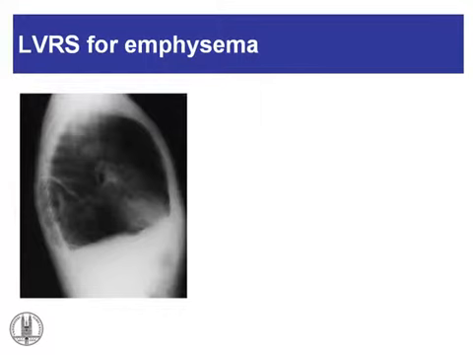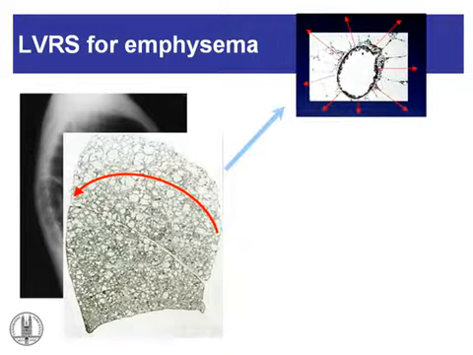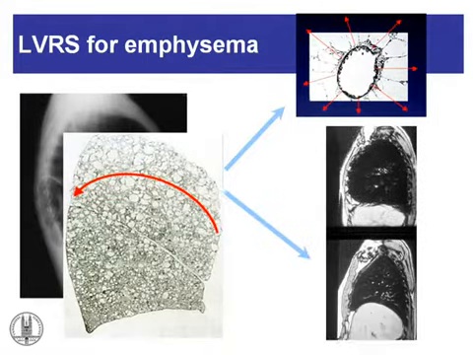This is the lateral view of a patient with emphysema, flat diaphragm, highly overdistended chest. If you resect part of the lung tissue, you see two effects, and I think we have heard this already. You have an improvement in the airflow because the pull-out forces on the small airways are restored, the theory from Brentigan.